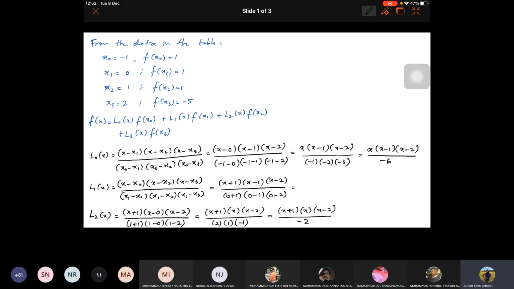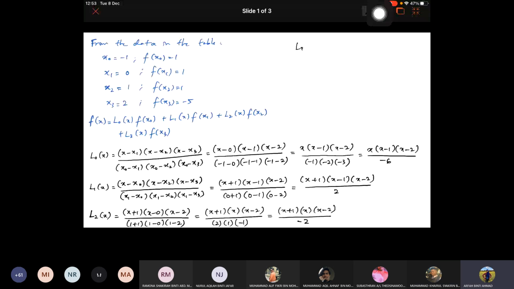So this is your L2. Dapat sama dengan saya tak? Senyap aja semua ni. Dapat. Ya, dapat.